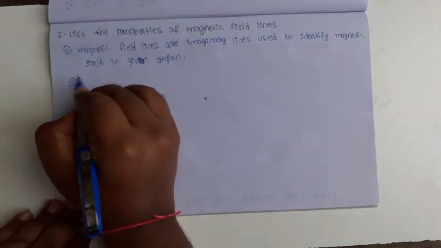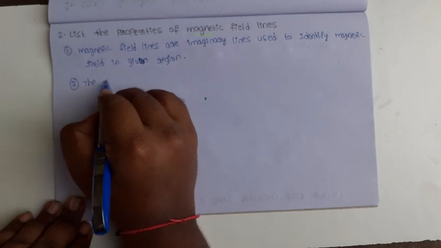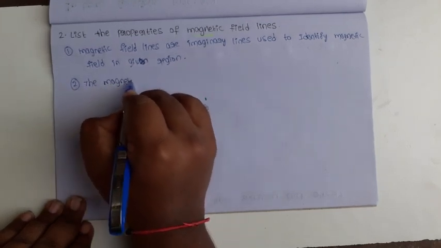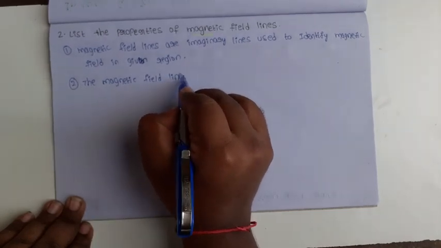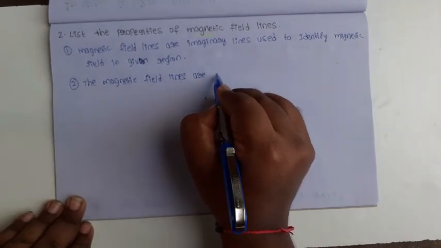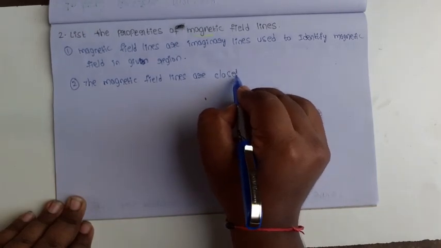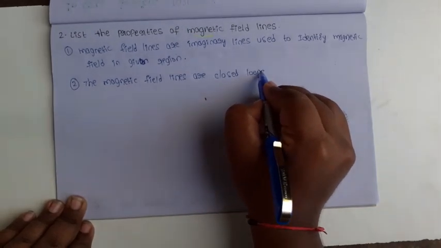Second property: magnetic field lines are closed loops.